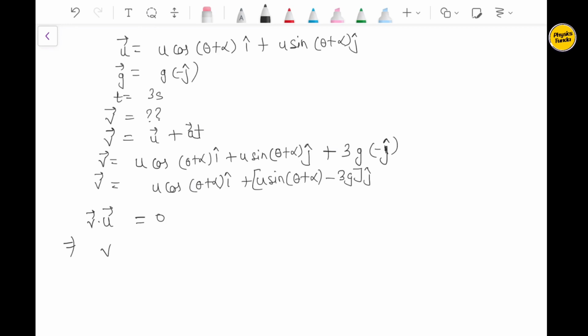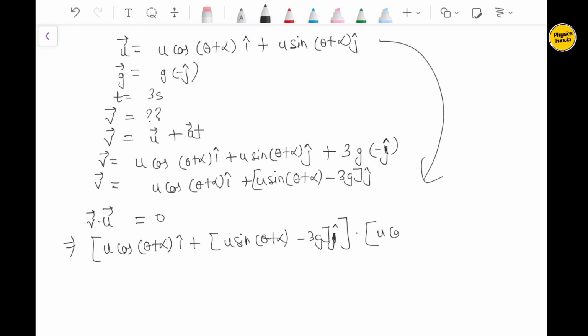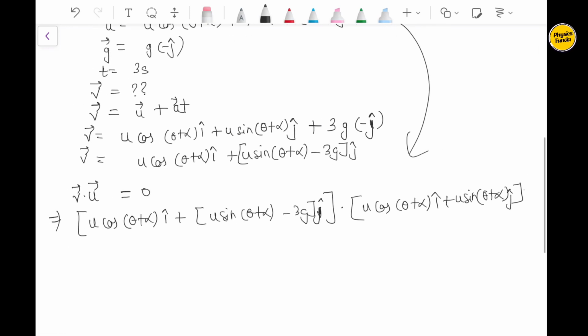If I simplify this, my v vector is u cos(theta plus alpha) i cap plus u sin(theta plus alpha) minus 3g j cap, and its dot product with the u vector, and the u vector was u cos(theta plus alpha) i cap plus u sin(theta plus alpha) j cap, and this is equal to 0, right?